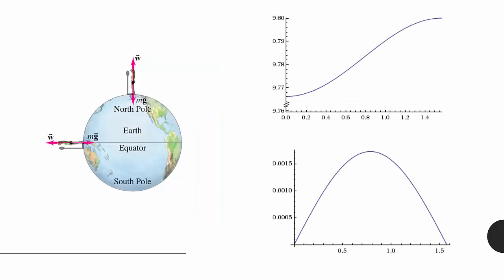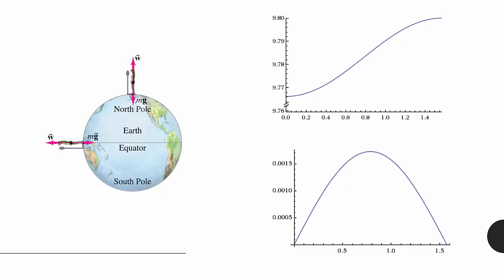Moving on. If we think about the rotation of the Earth and how that affects the gravity that you experience, so altitude plays a role, but the rotation of the Earth plays a role as well. We already saw with circular motion that you need a net force towards the center. Well, if you're on the pole, you're essentially not going in circular motion. I guess you're spinning on your head or on your feet, so that doesn't matter.